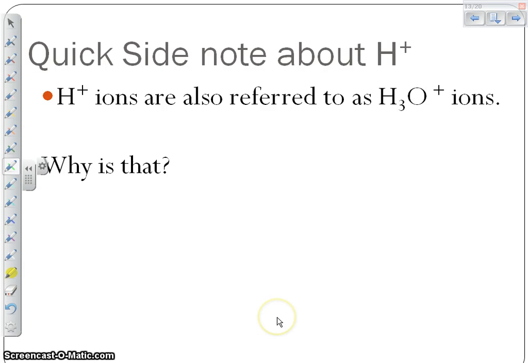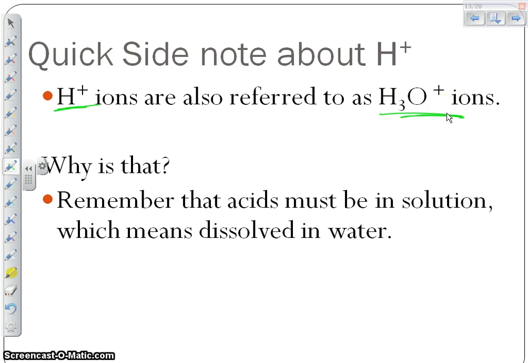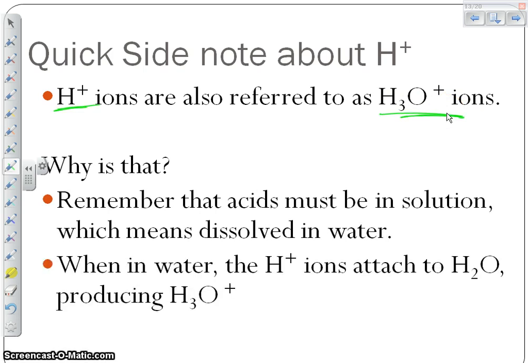So looking at what this H plus is, and we kind of talked about this, why are H plus ions referred to as H3O plus ions? It's because for an acid to actually be in solution, it's got to be dissolved in water, and what happens is the H plus ion attaches to a water molecule producing that H3O plus. So if you happen to see the hydronium, please don't freak out.